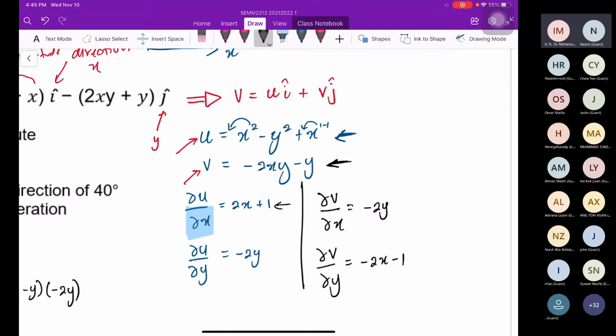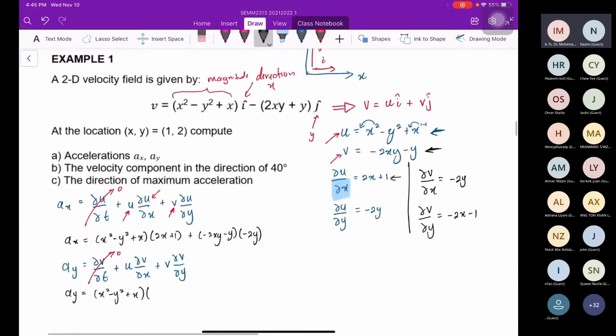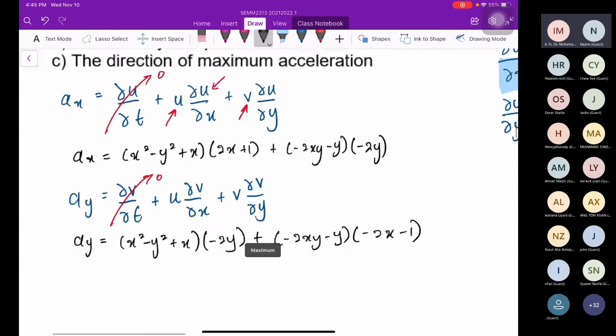Okay. So just substitute in this equation. Partial derivative of v negative 2y plus v here is negative 2xy minus y. Okay, and then negative 2x minus 1.